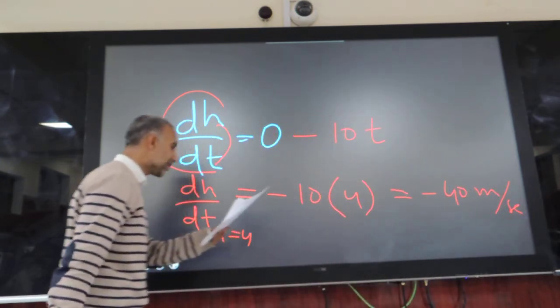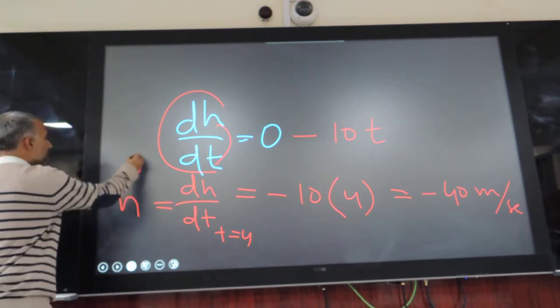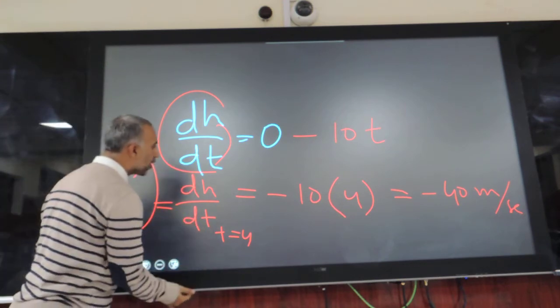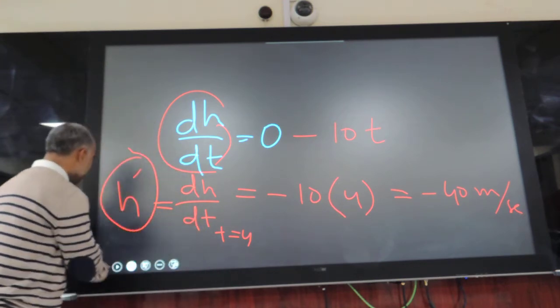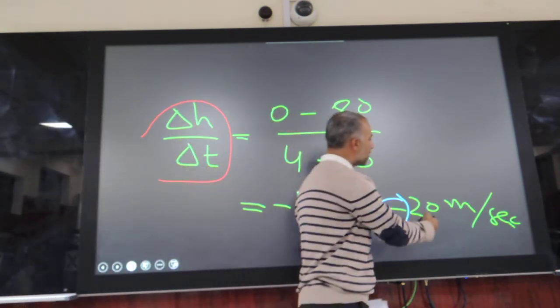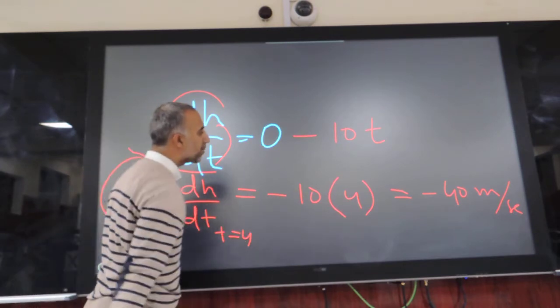So speed, you can say that this h prime is the speed at an instant, t equal to 4 seconds, but this one is the average speed, so it is minus 20 meter per second, the other is minus 40 meter per second.